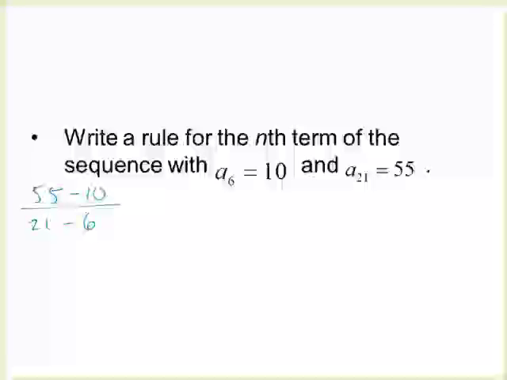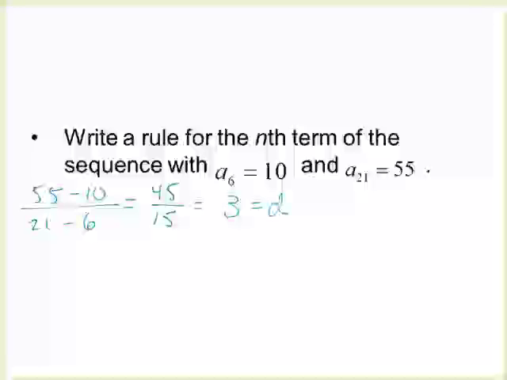So we want to subtract the values and then divide by how far apart they are in line. So the difference in the terms is 45. They're 15 spaces away from each other in line, which means that if the difference is 45 spread out over 15 terms, each time we must have been adding 3.